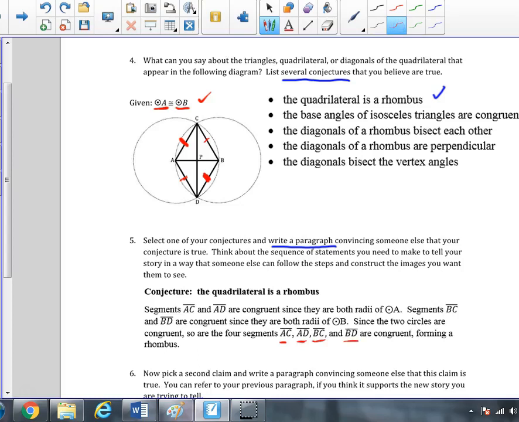I have marked that on my diagram with one tick mark each. Based on the information we discussed in the last lesson, we know that if all four sides are congruent, we can conclude that it is a rhombus.